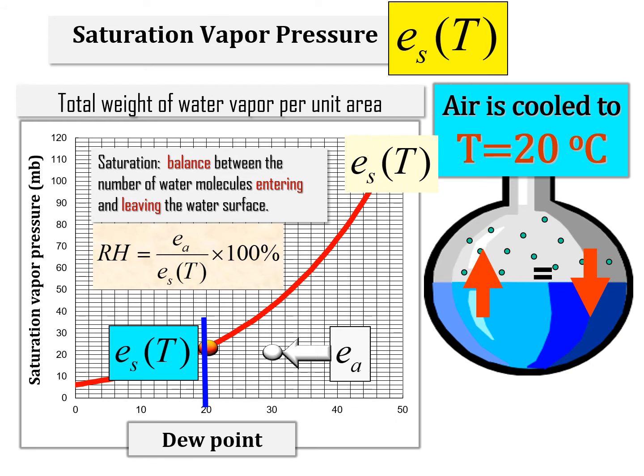The air was not saturated, then cooling made this air saturated. That saturation temperature we call the dew point temperature.